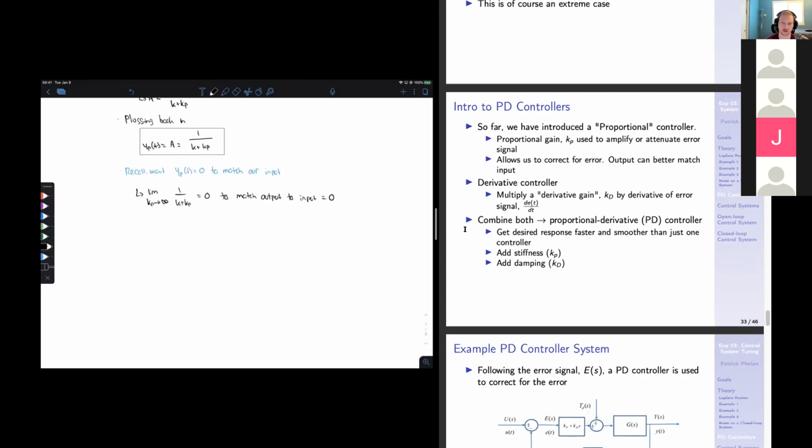Now we're going to talk about the PD controller. I think this is more the main focus for this lecture. The math is important, of course, but we did a lot of the math last time, and this time we're mostly going to talk about the differences for controllers that we have for a closed loop system.